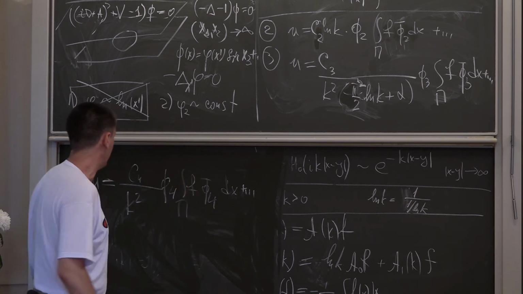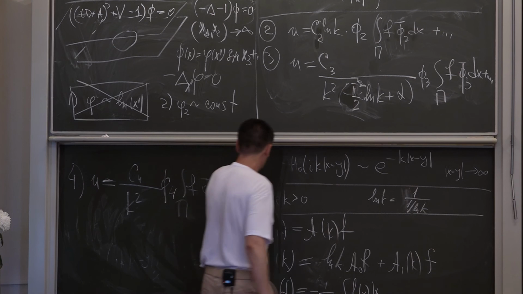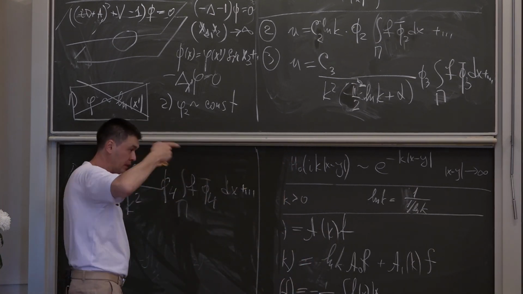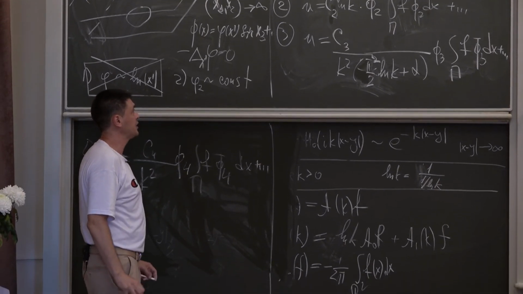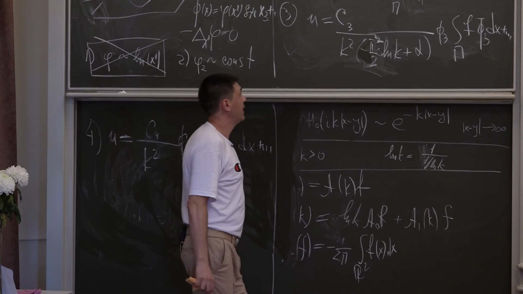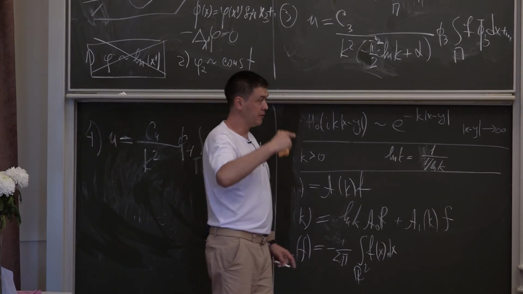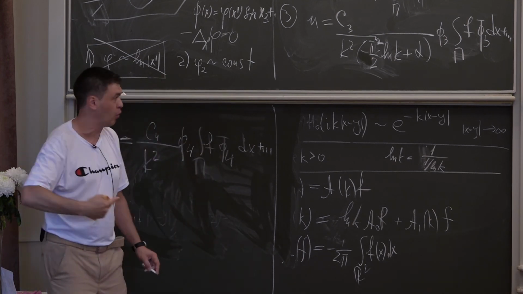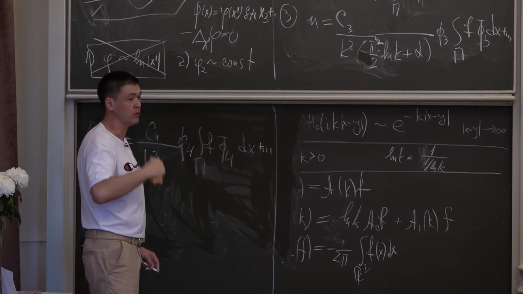So you see, depending on how the associated non-zero solutions with the virtual level at the bottom behave at infinity, they generate various terms in the meromorphic continuation of the unperturbed resolvent.